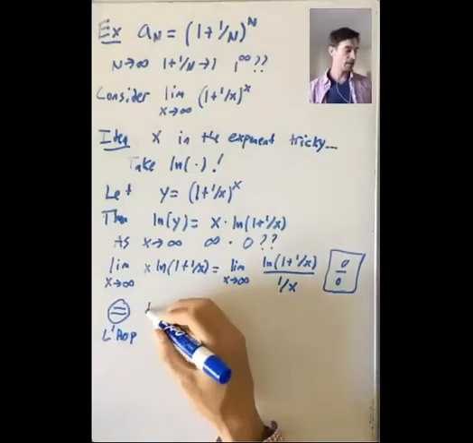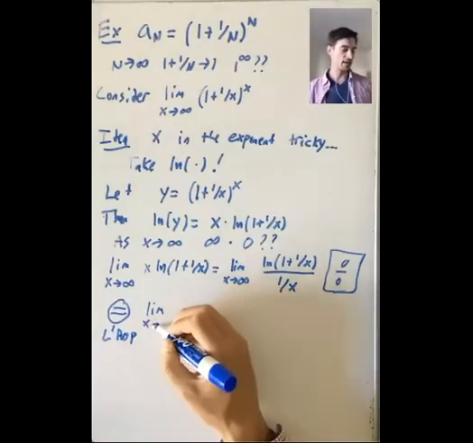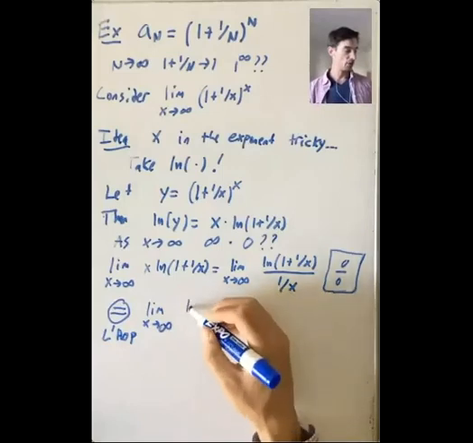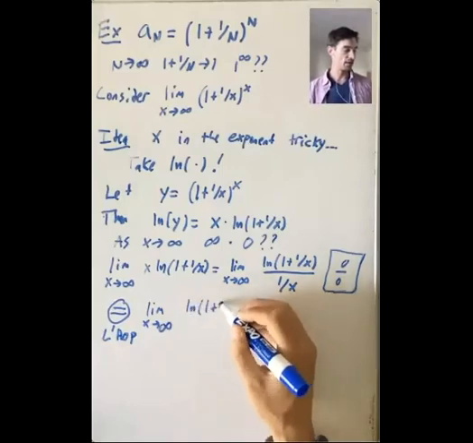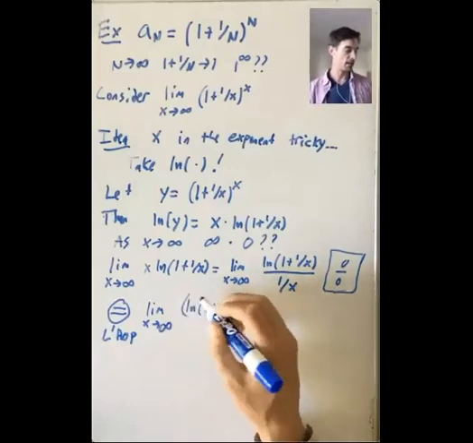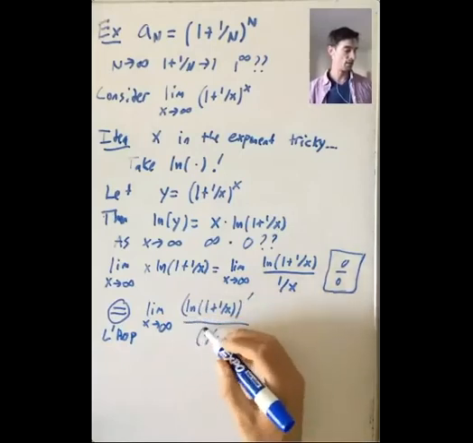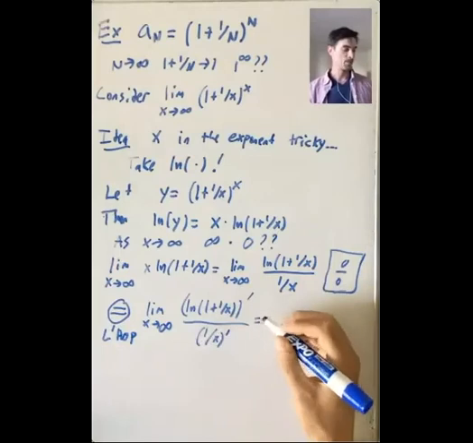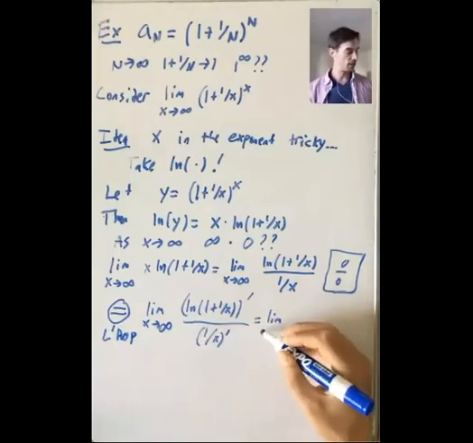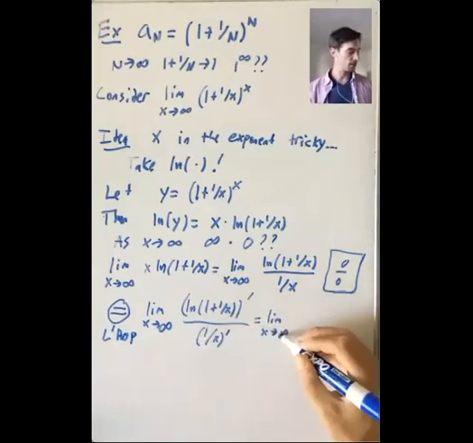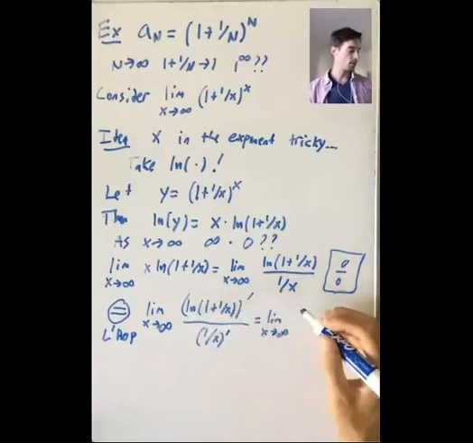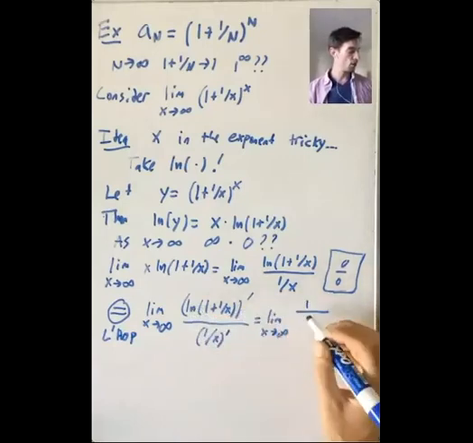So what does that say? This limit is equal to the limit as x goes to infinity of the derivative of the top with respect to x divided by the derivative of the bottom with respect to x. And we know what these derivatives are. So the limit as x goes to infinity, natural log of 1 plus 1 over x, we get 1 over 1 plus 1 over x.